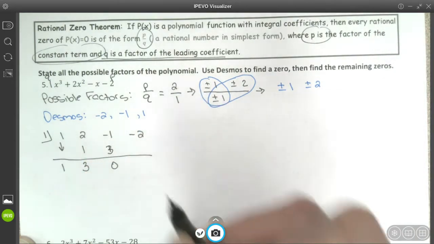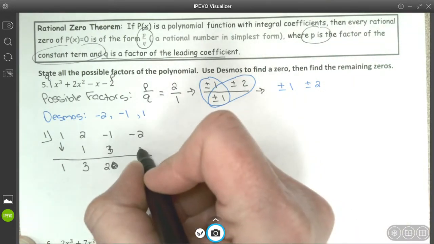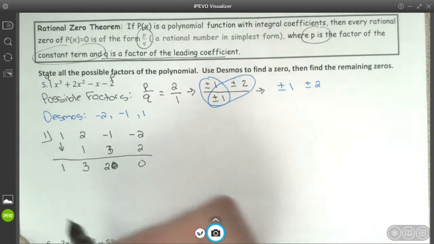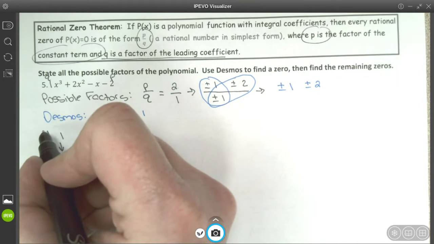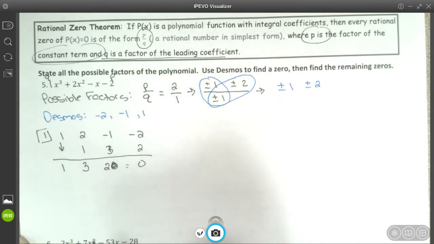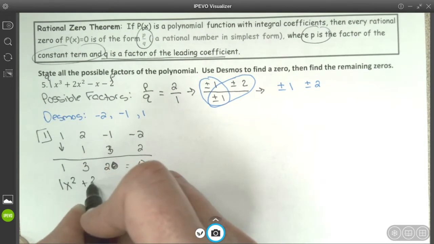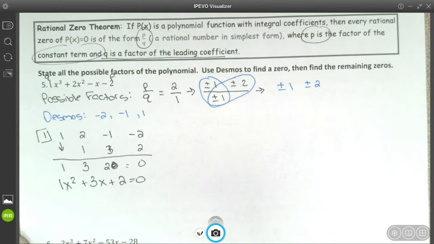Okay, how about that's a 3? And that's a 2. And multiply and add. There we go, that's better. And so it equals 0, so -1 is definitely a factor. 1x squared plus 3x plus 2 equals 0.